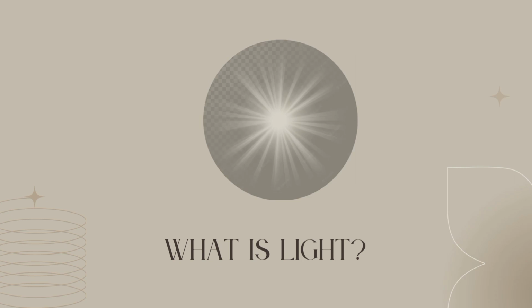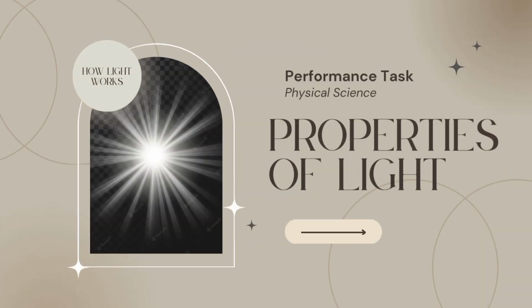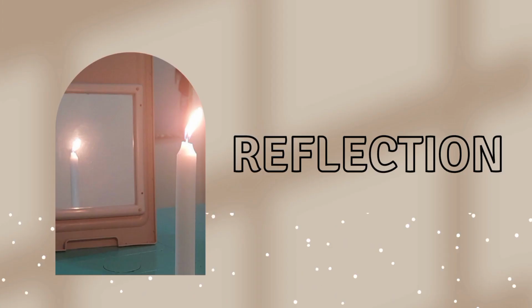Now, let's talk about the properties of light. The first property of light that we have is reflection. Reflection is the bouncing back of light as it encounters another medium. Based on the name of the first property itself, it is how an object is being reflected when the light hits the object.